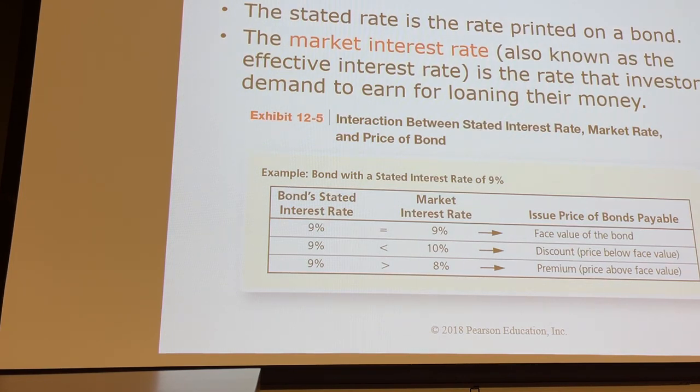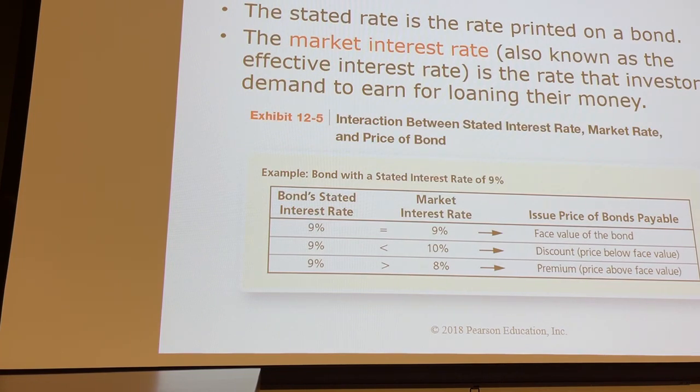And the price that a bond trades at, particularly in this secondary market, is going to depend on the relationship between the stated rate that's printed on the bond and the market rate of interest at any given point in time.